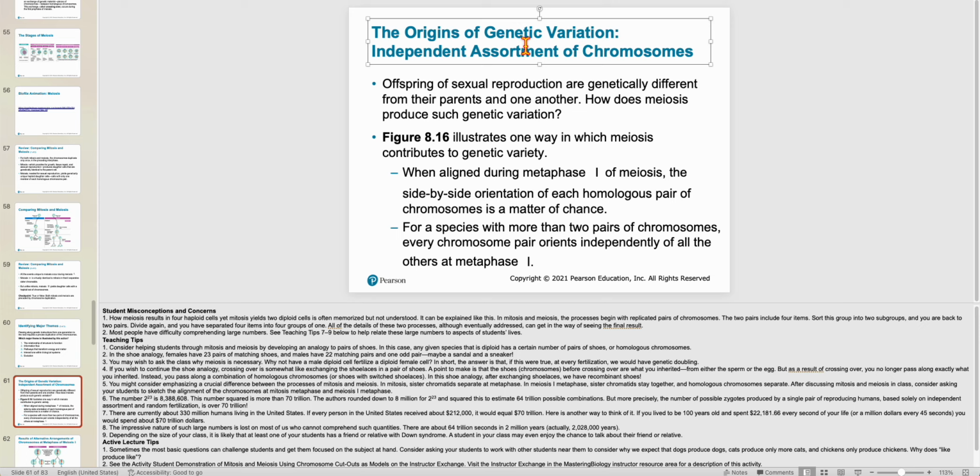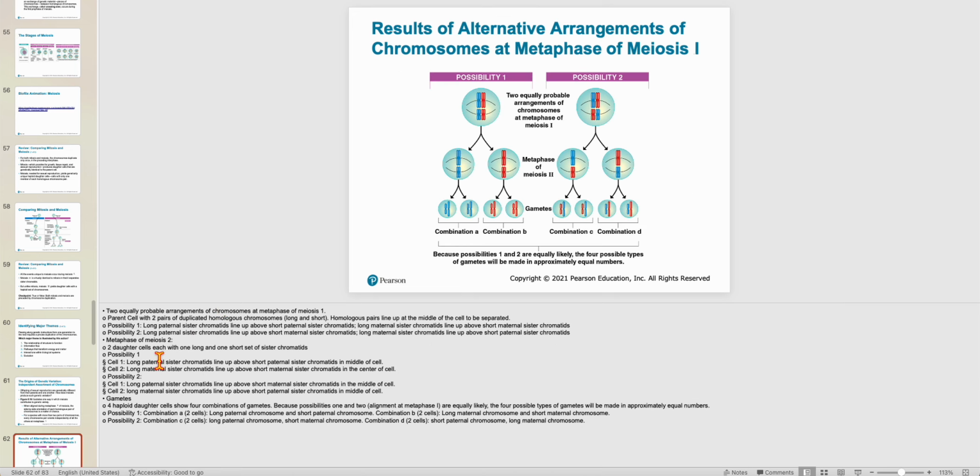So one of the ways, and I got to say this over and over, one of the ways of genetic variation is independent assortment. And that goes to our picture here where the chromosomes can line up independently of each other. Where the blue and the red don't have to line up necessarily like that. They could end up being a blue and a red and a blue.